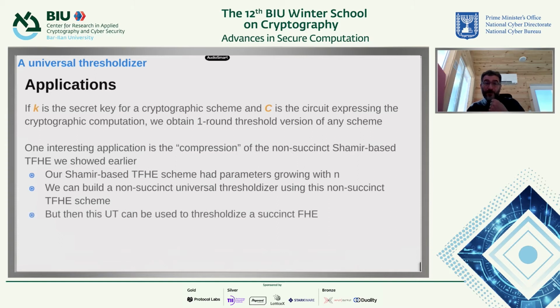Then you can use this non-succinct universal thresholdizer to thresholdize a centralized succinct FHE. So now what people see from the outside is not dependent on n anymore, right? And all the computation that depends on n gets pushed back inside the network of players.